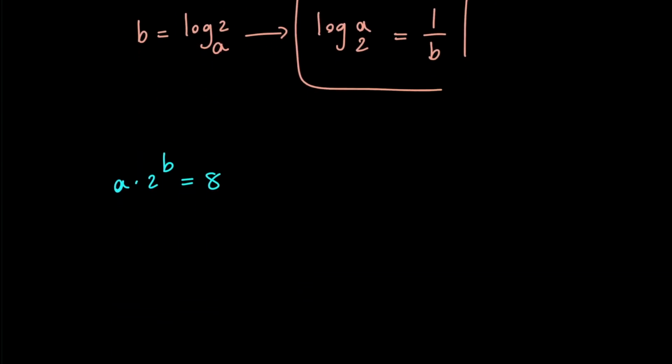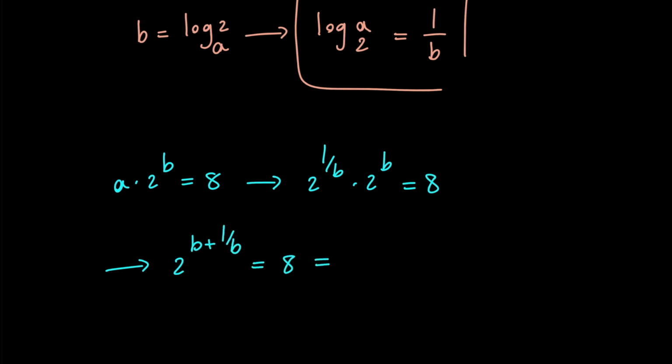So if I replace a with that, I can say that we have 2 to the power of 1 over b times 2 to the power of b equals 8. Next, if we add the exponents, we will have 2 to the power of b plus 1 over b equals 8. And notice that 8 is 2 cubed. So I can say that b plus 1 over b equals 3.